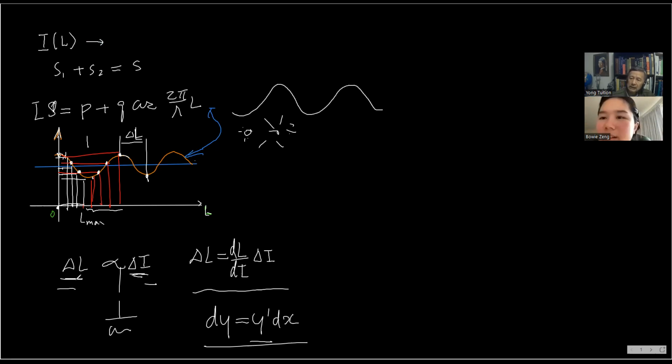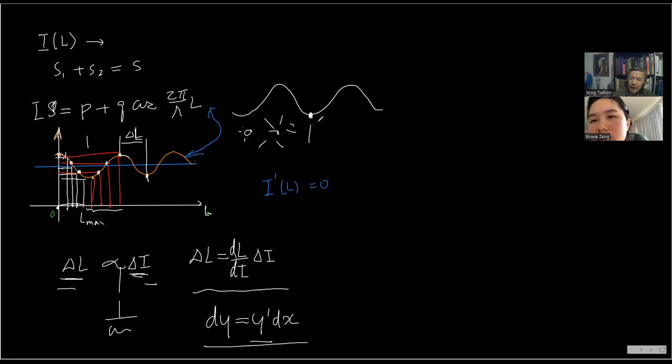Is it correct if I do this and then find the L? Oh no, not that. Can we just pick this as an example? You can assume that the original difference, the L, is this one, so the intensity is minimum.